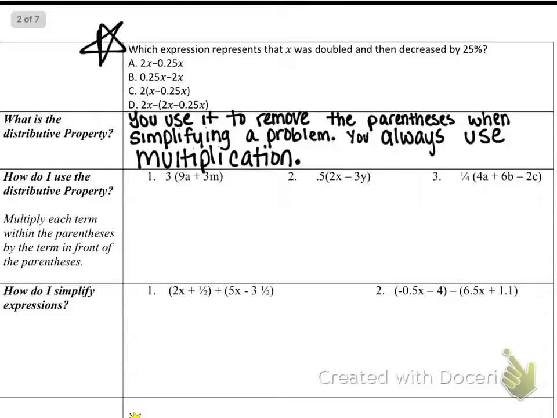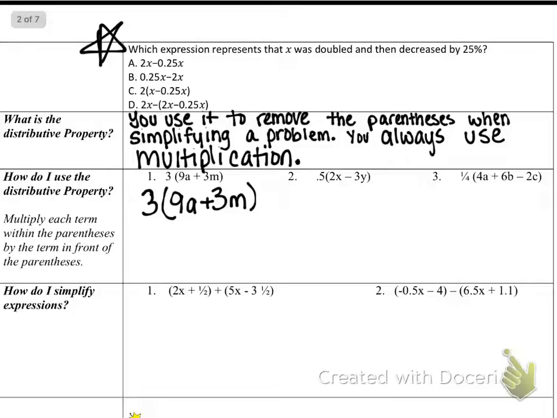All right, so like I said, you're going to multiply. So you're multiplying each term within the parentheses by the term in front. I'm actually going to rewrite this problem a little below so I have space to show you. So this is 3 times the quantity 9a plus 3m. A lot of you might have heard this as the fisherman method in 6th grade.